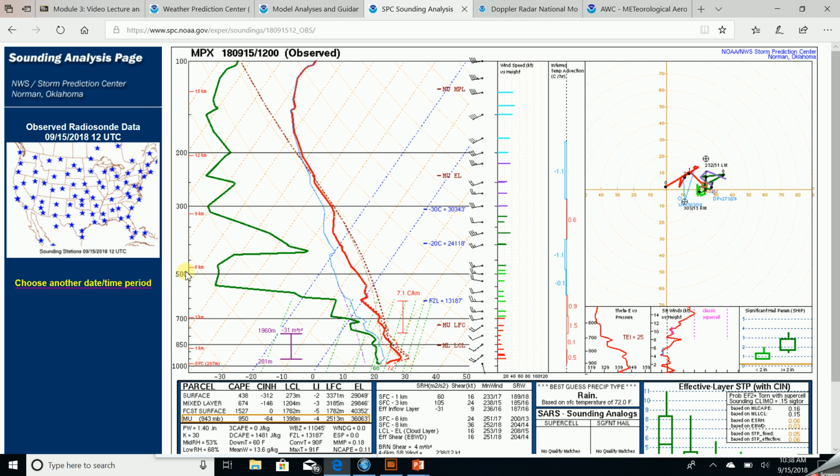So here's 500 millibars. Notice the distance between 700 and 500 has expanded. The scale over here is such that it mimics what happens in the atmosphere. 850 and 1,000 are very close to each other, and 850 to 700 is pretty close. Then you get a little bit further apart between 700 and 500, and even further between 500 and 300.